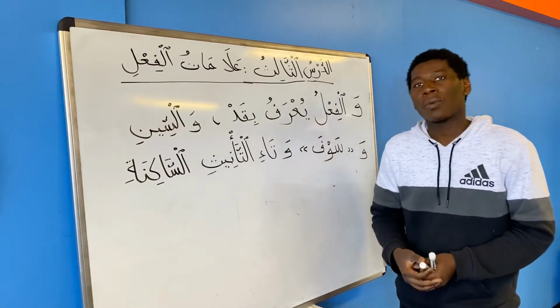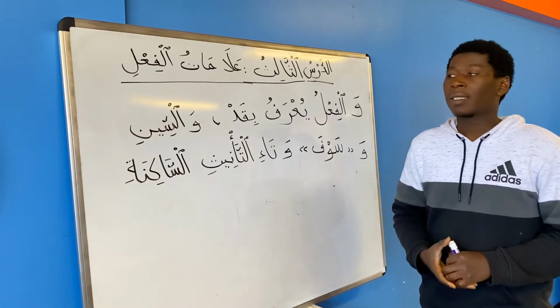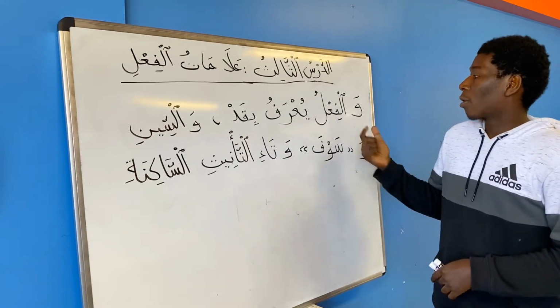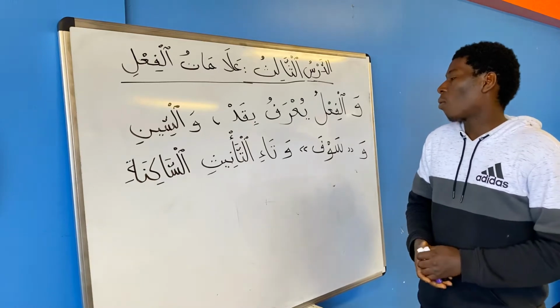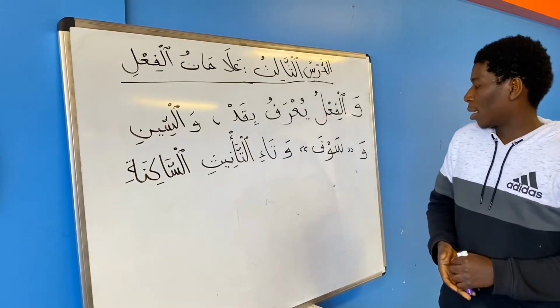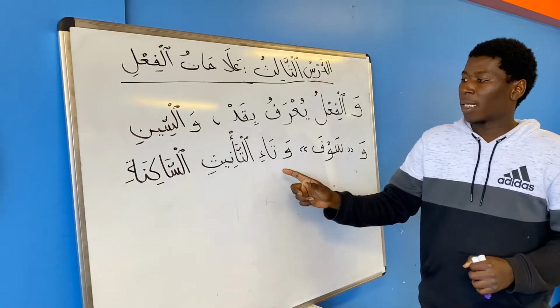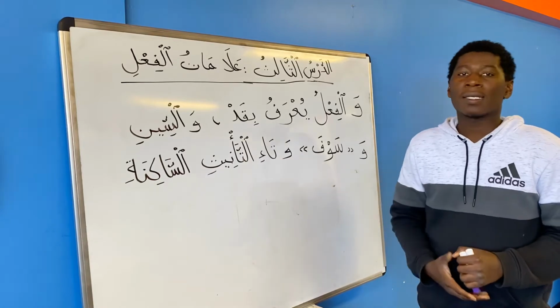So what are the things that will help me know that whatever word I have in front of me is a verb? The author said والفعل يعرف بقد والسين وسوف والتاء التأنيث الساكنة.